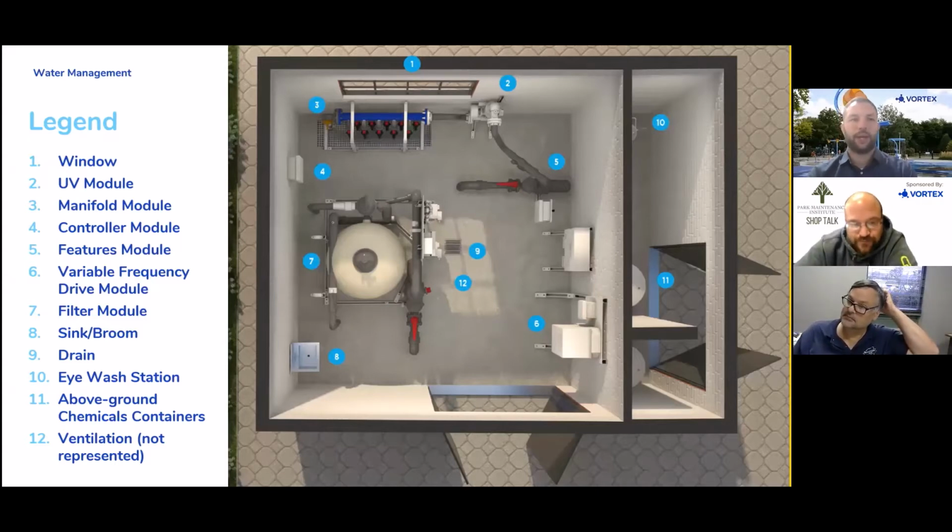That's right. And we're starting to see state codes becoming more of an actual code where the splash pad will need everything to be its own respective system. It's no longer going to be allowed to be tied into the pool system.